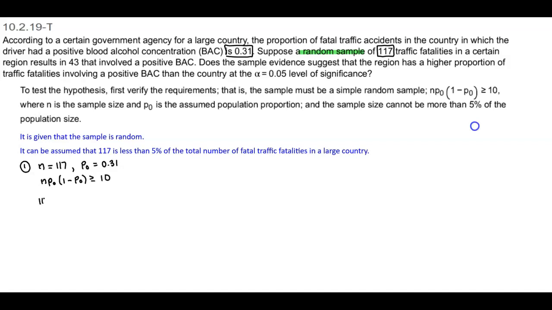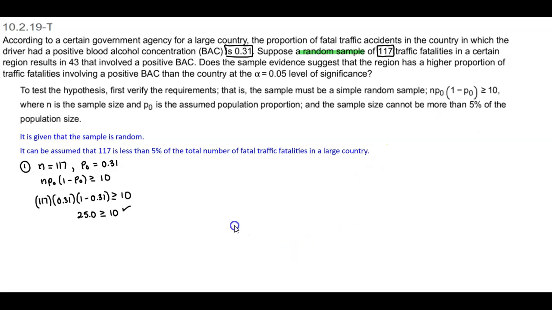So we end up getting 117 times 0.31 times 1 minus 0.31. We want to check and see if that's greater than or equal to 10. So we end up getting 25.0, which is greater than 10. So therefore, all the requirements have now been verified.